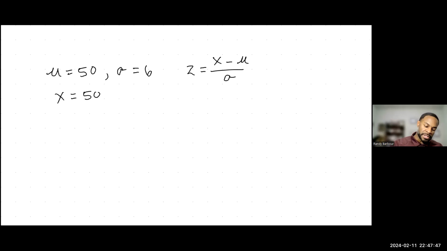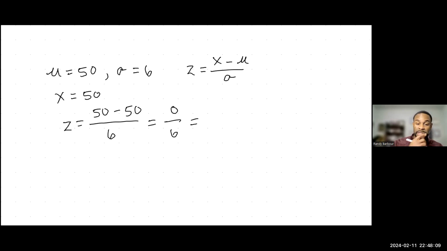So for the first one, we have z equals 50 minus the mean, which is 50, over our standard deviation, which is 6. 50 minus 50 is 0 over 6. 0 divided by 6 equals 0. So the first z-score should be 0.